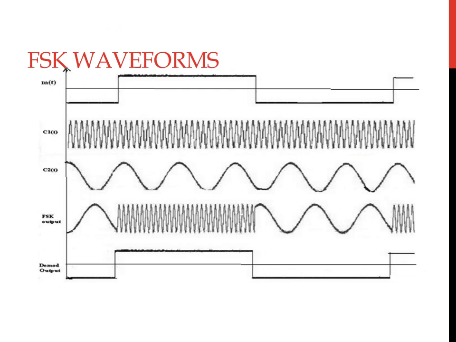Let us analyze using the waveforms how the FSK modulation and demodulation occurs. If you remember, we had applied m of t with an amplitude of 7 volt peak to peak or plus or minus 3.5 volt, and C1 of t to have a frequency of 20 kilohertz, C2 of t to have a frequency of 2 kilohertz.